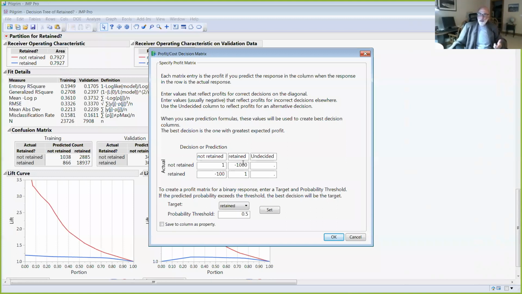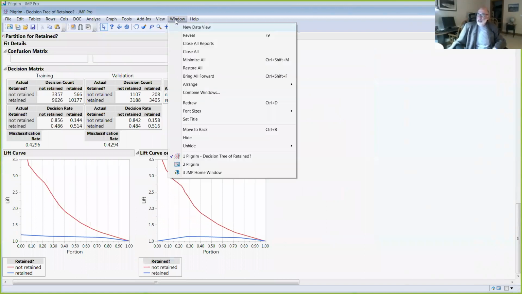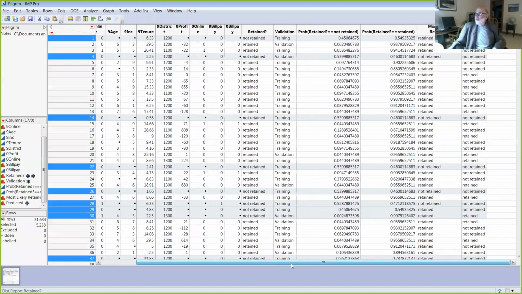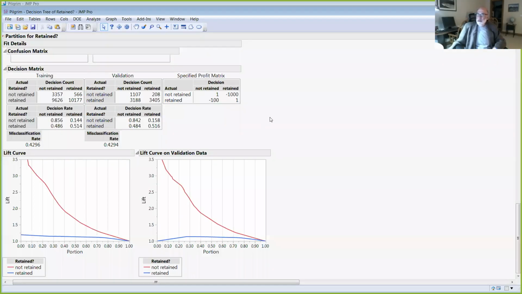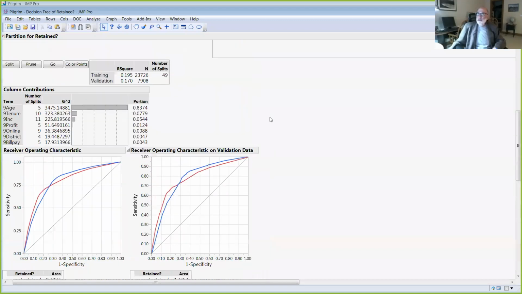But if you do it this way, it will actually build into your model. Let me click this save to a column as a column property. Let's click OK. And what it does is it now adds in... let me see if it did.